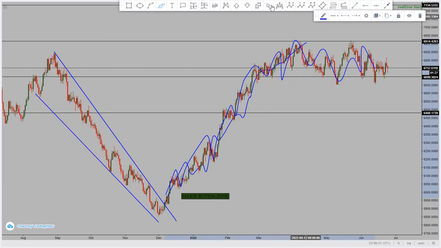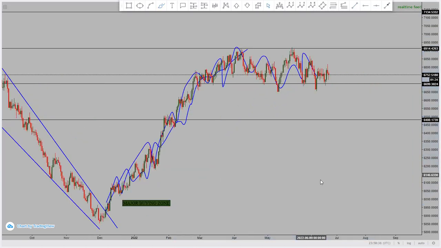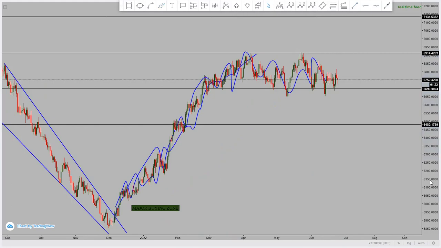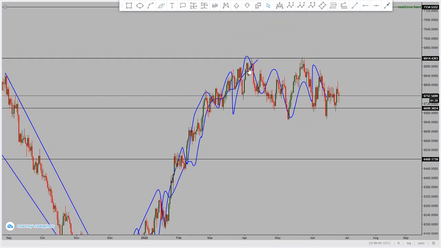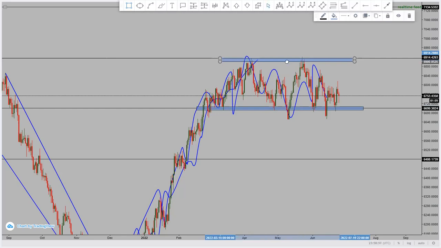Why are we calling this a range? A range is simply a moment where price is forming same highs and same lows, maintaining the same highs and same lows. These are the lows, these are the highs there at the top. So price currently is ranging.